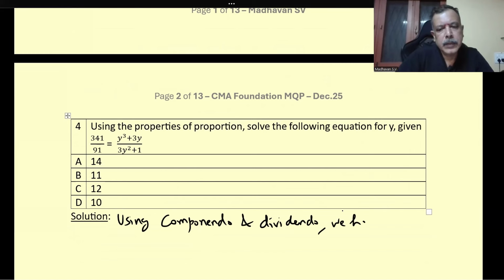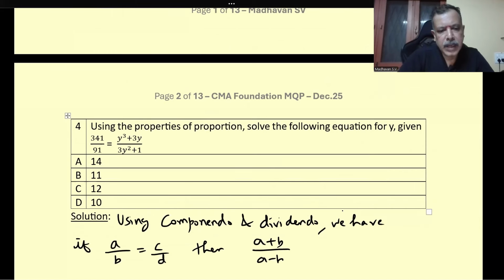It means if A by B is equal to C by D, then we can write A plus B by A minus B is the same as C plus D divided by C minus D.